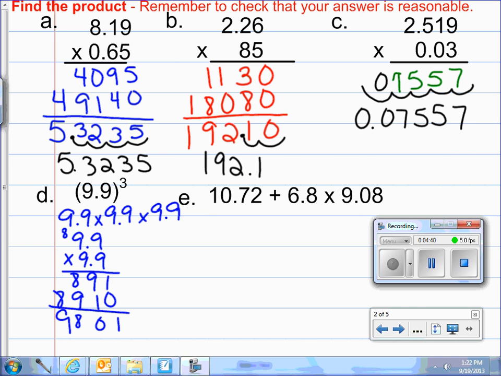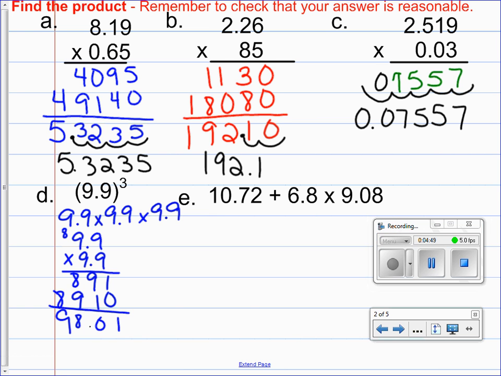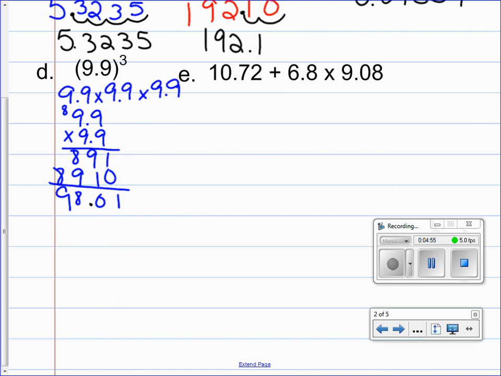So after you've multiplied 9.9 times 9.9 and checked your answer, you move your decimal place over 2. Now you take the 98/100ths. You're going to multiply it times 9.9.